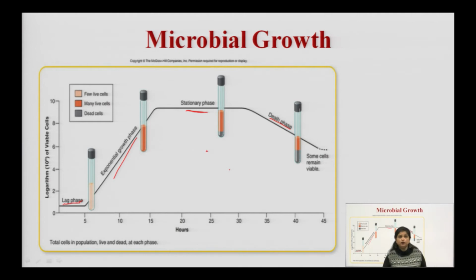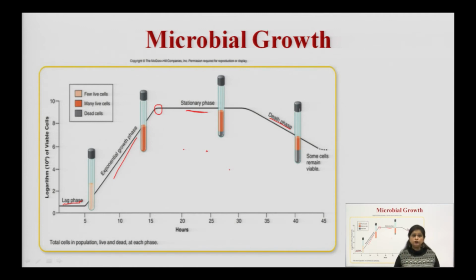Now what do we mean by stationary phase? Stationary phase is a phase in which there is equal growth and equal death rate. There will be no increase in number, it remains the same. Whatever the number comes to here, the number will remain the same, because the nutrients will go on depleting with time.